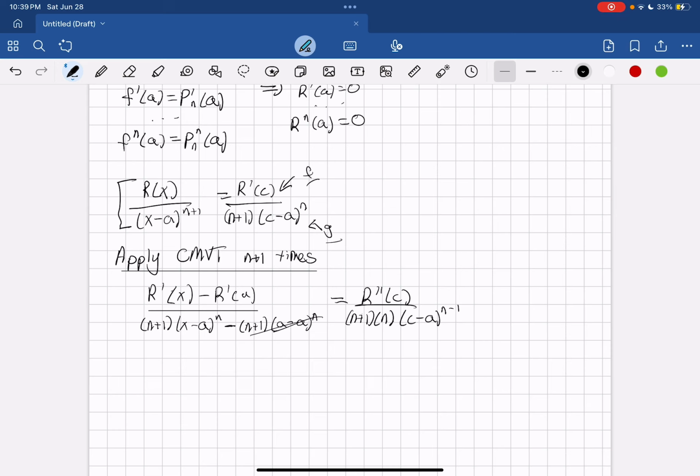This is by power rule again. And then, of course, we're going to do it again on these two functions. And if we keep going n times, we get this final result that looks like this.